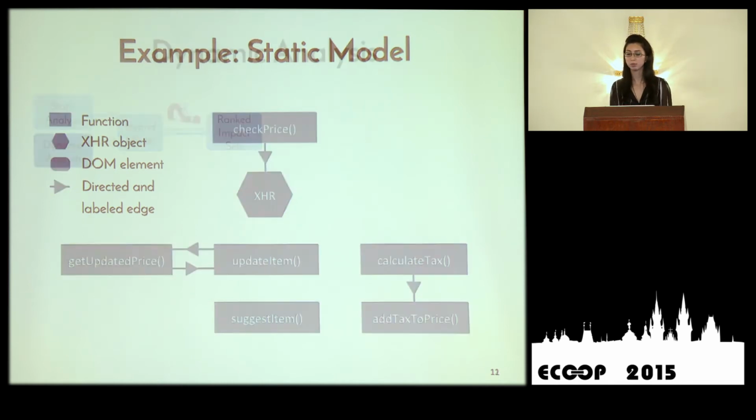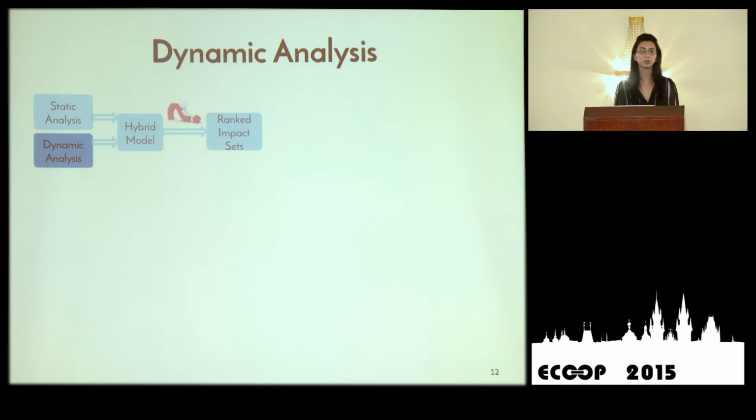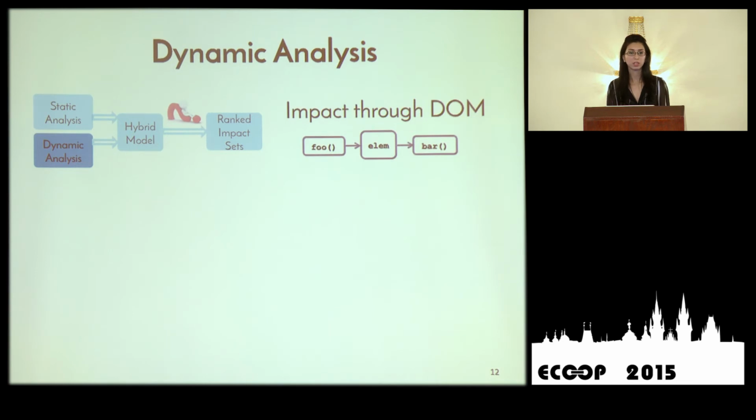That is when we move on to the dynamic part, and we try to augment that model with the dynamic information. The dynamic information that we collect at this stage starts with the interactions with the DOM. We collect all of the accesses that are made to the DOM, the direction of the flow of the data, the type of the access, and we form the dependencies that can mean impact transfer through the DOM elements.